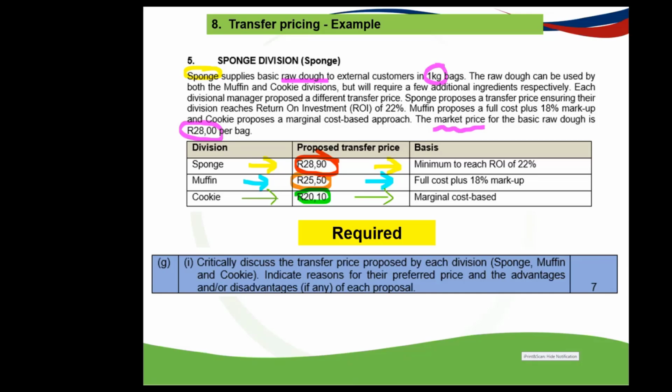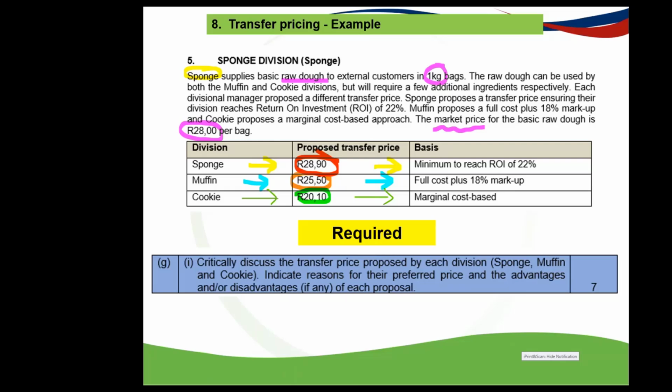In this question, Sponge is the division that is selling. So they want the highest price of 28 Rand and 90 cents because they want to make a profit and they also want to achieve their bonuses. So at a return on investment of 22%, they will get bonuses. That's why they want it to be 28 Rand 90.